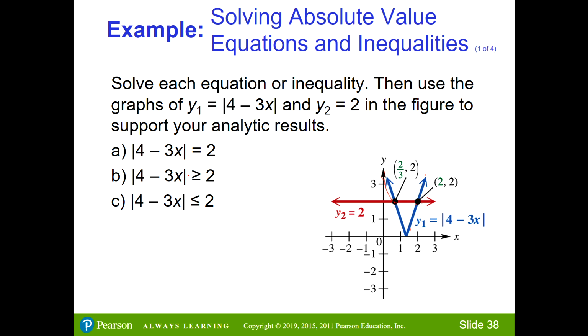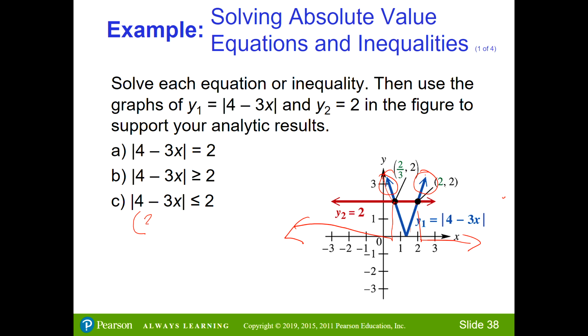Where the absolute value is bigger would be here and here. The blue line lies above the red line. So that goes from here this way, negative infinity up until 2/3, and again from this way, so 2 to positive infinity. And then where I'm less than is in between. The blue is less than the red in between the two.